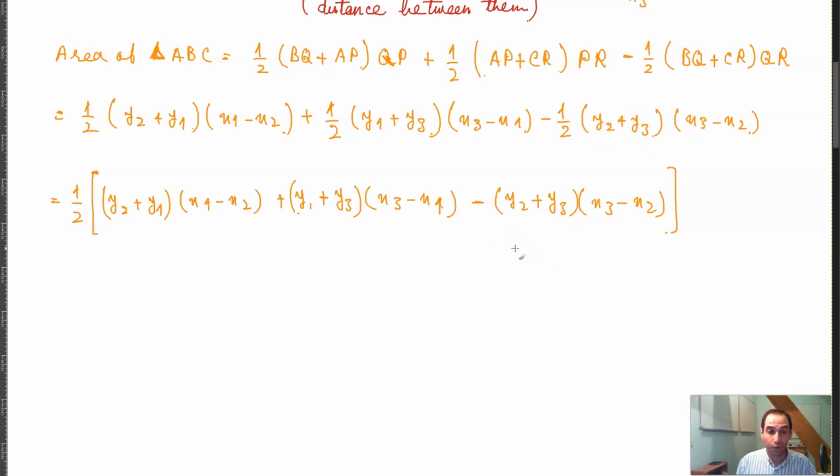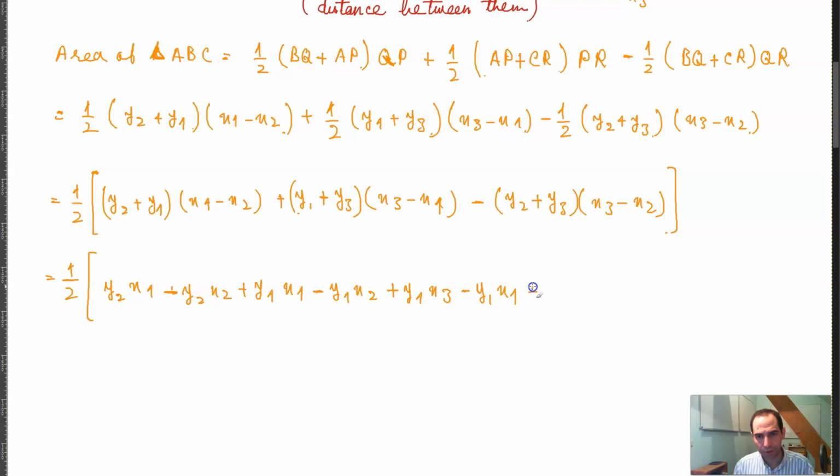And then what you can do is simply multiply, meaning that you will get basically 1/2 times y2 x1 minus y2 x2 plus y1 x1 minus y1 x2, and then multiplying these you will get plus y1 x3 minus y1 x1 plus y3 x3 minus y3 x1, and then over here you will get minus, because this negative is multiplied by everything.